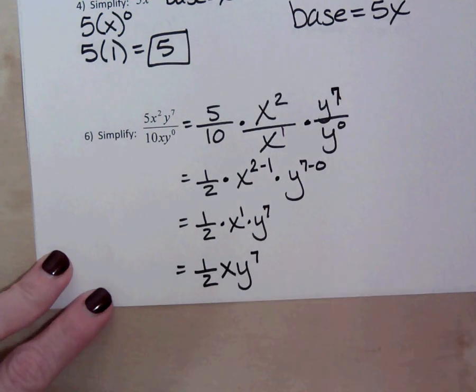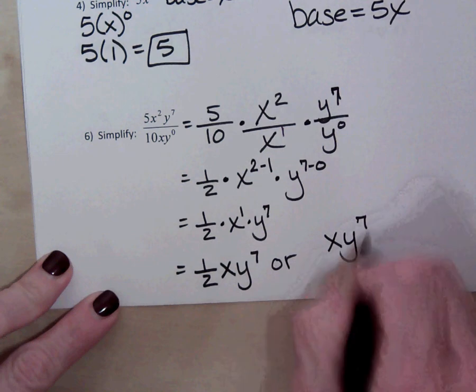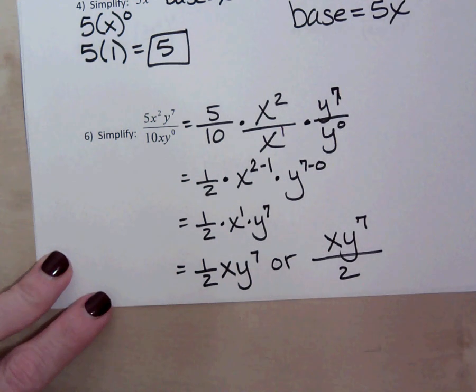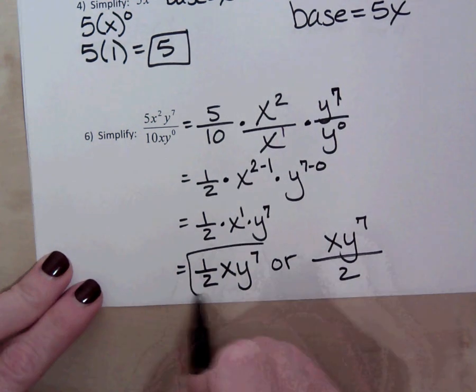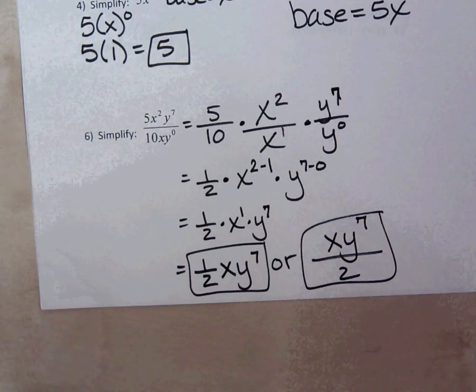So I have 1/2 xy to the 7th, or you can write your answer like that, xy to the 7th over 2. Either one of those is acceptable.